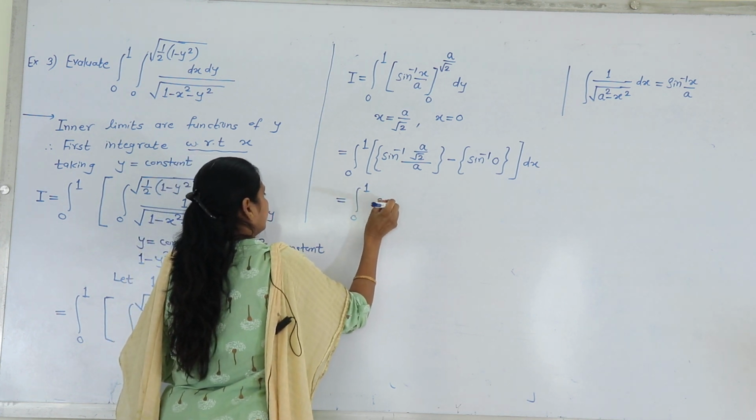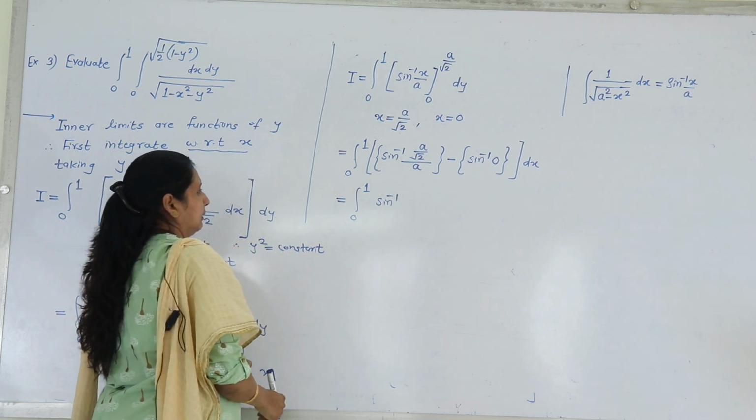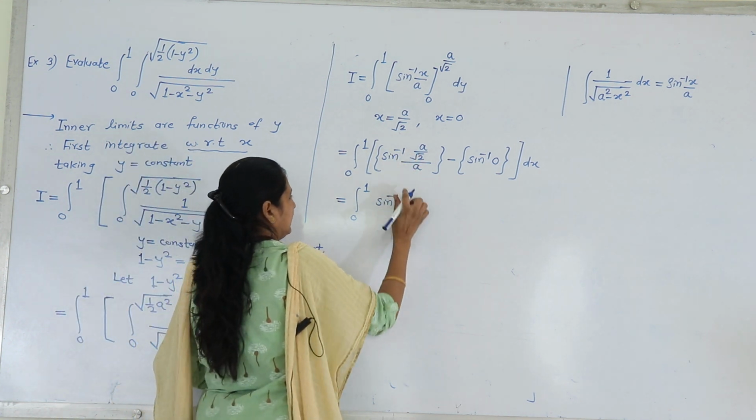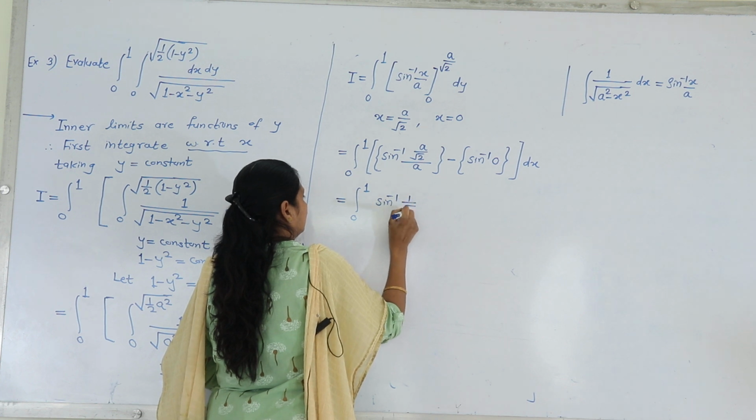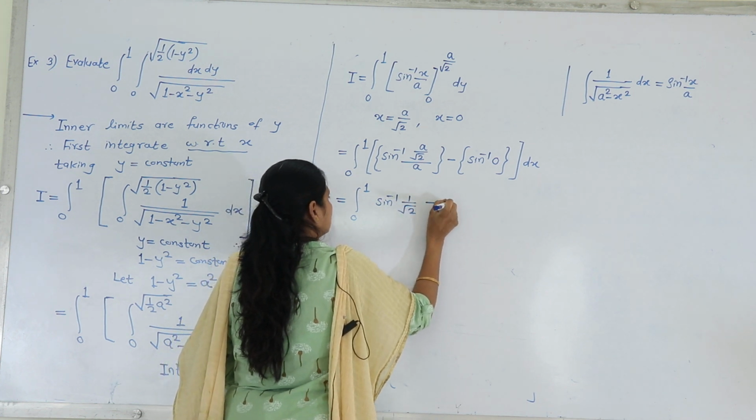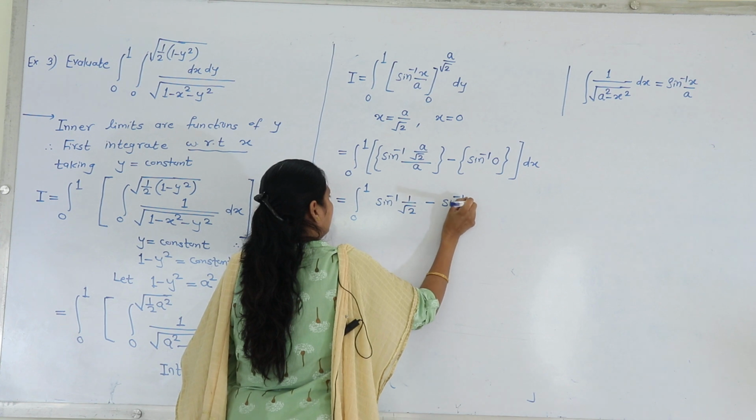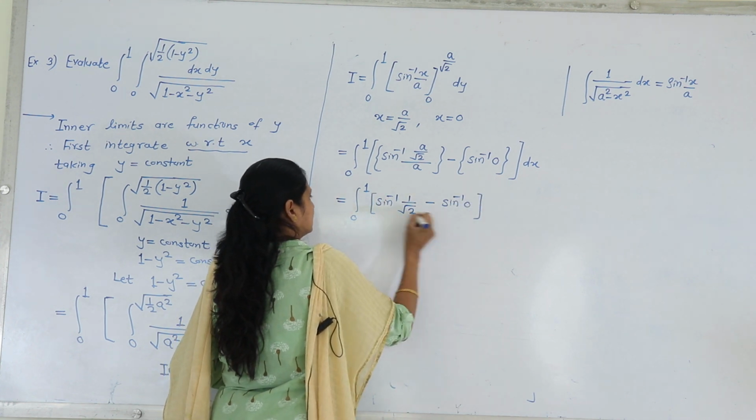Sine inverse of a by root 2 upon a, that means a cancels, 1 by root 2 minus sine inverse 0, dy.